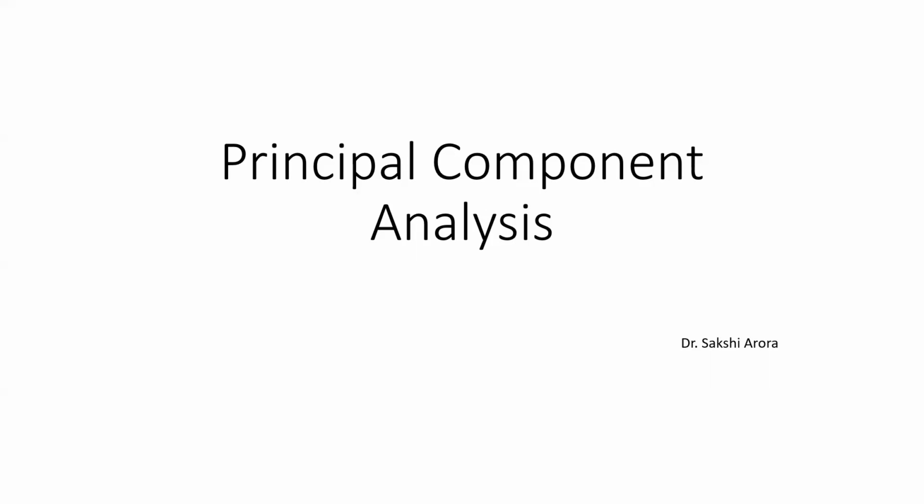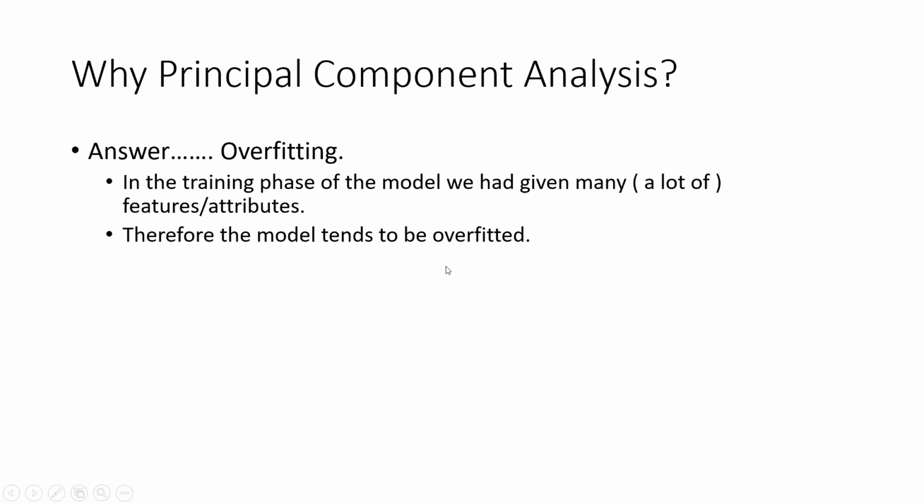Generally, in the training phase of a model, if we feed it a lot of attributes, or if we give it quite a large number of features, the resultant model will be confused and therefore will be overfitted. PCA is the answer to this quintessential problem of overfitting.